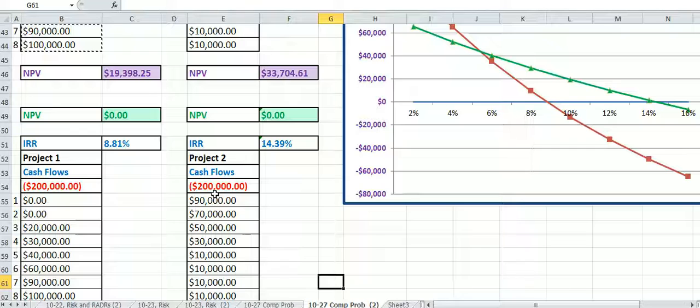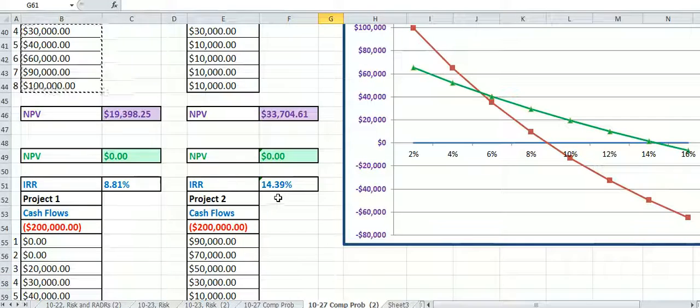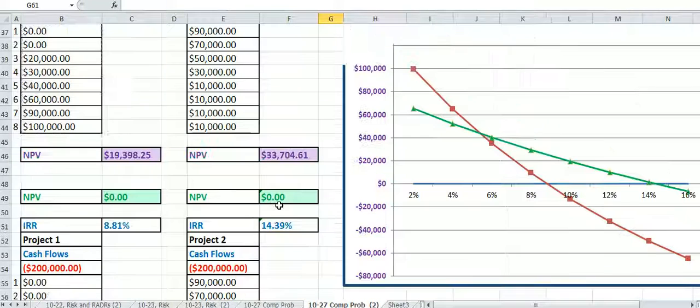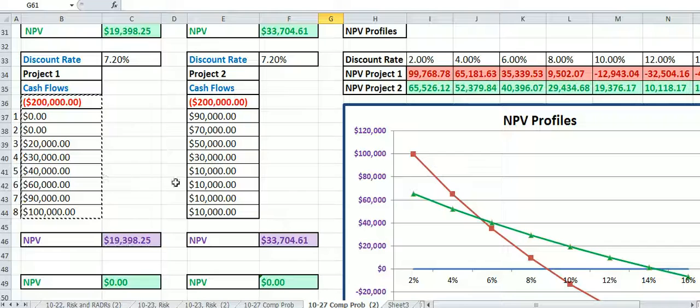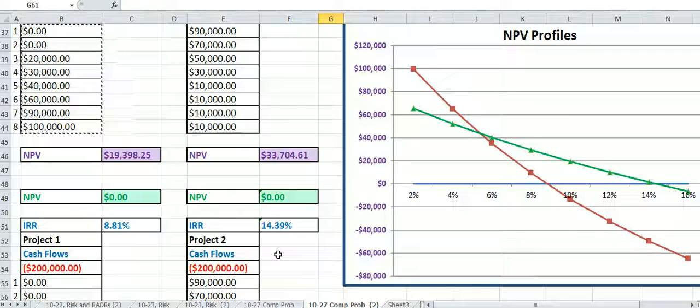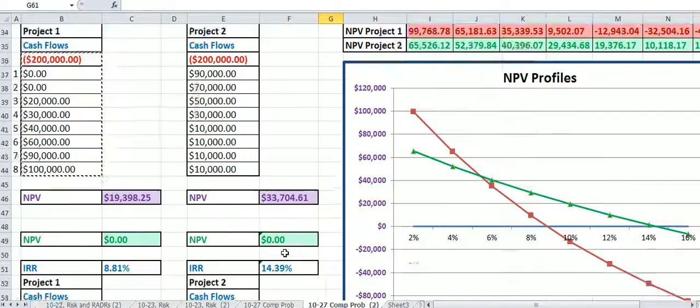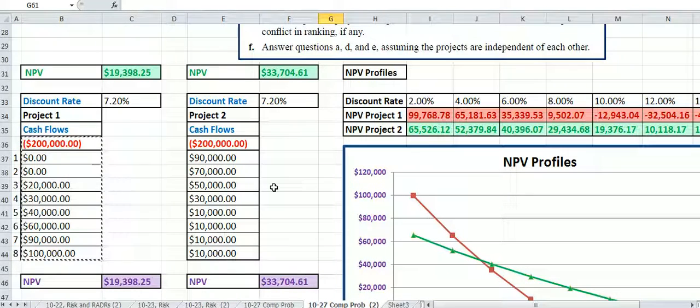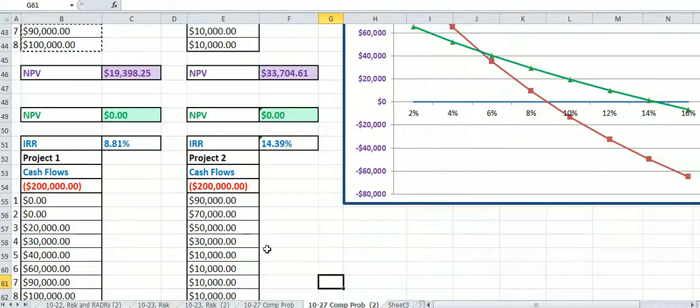And once you look at that, you can see that the internal rate of return for project 2 is also substantially higher than project 1. So that's going to make you want to choose project 2, both from the analysis of the net present value and the analysis of the internal rates of return.